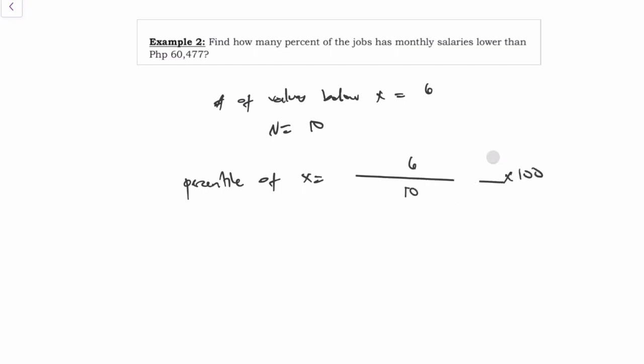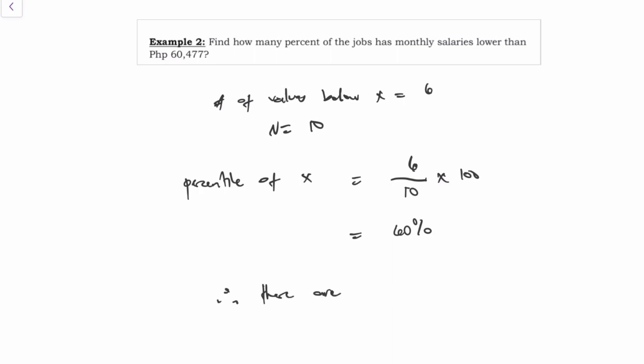Let me write it for clarity. 6 over 10 times 100. That gives you 60%.